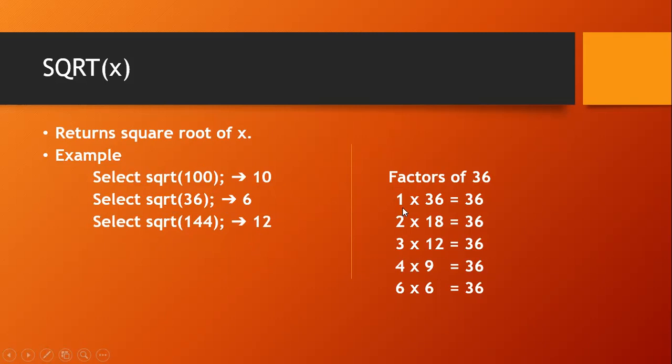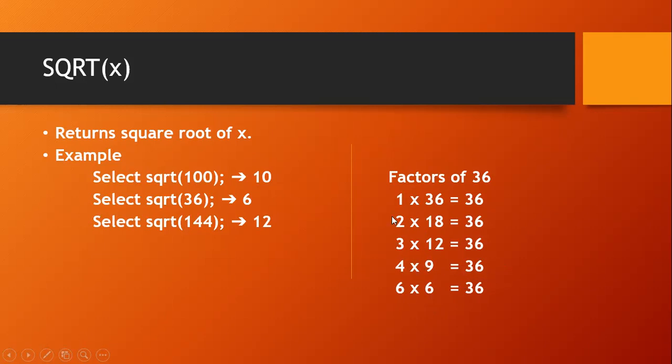How did we get this answer? Just check the factors of 36. How to find the factors of 36? 1 into 36 equals 36. These are all the factors of 36. And when it starts repeating, we stop. Just check where both numbers of the factor pair are the same; that number will be the square root of 36.